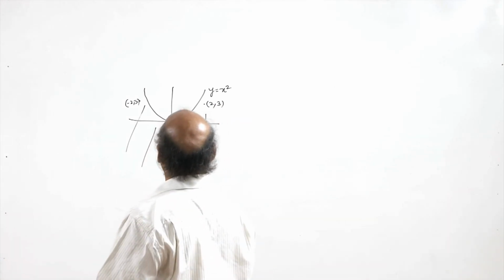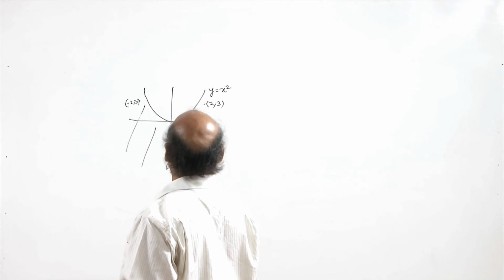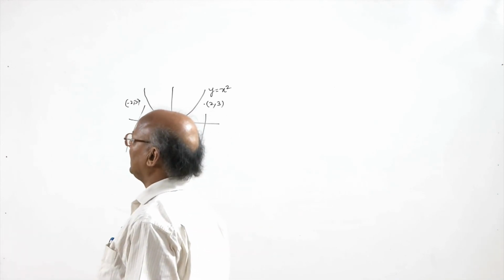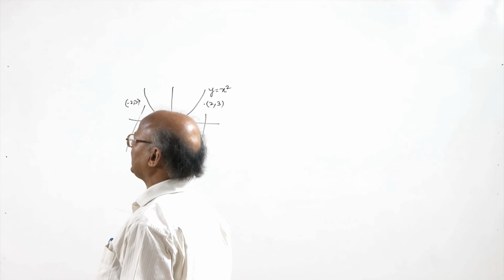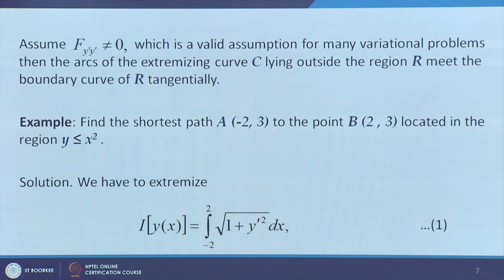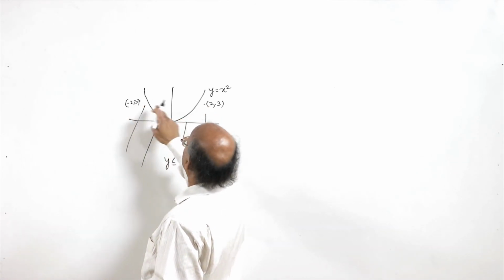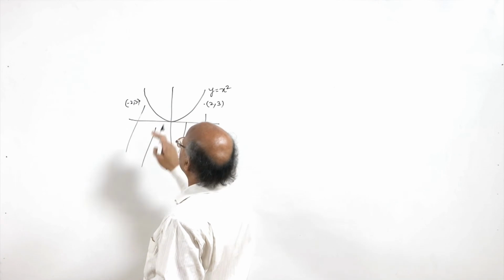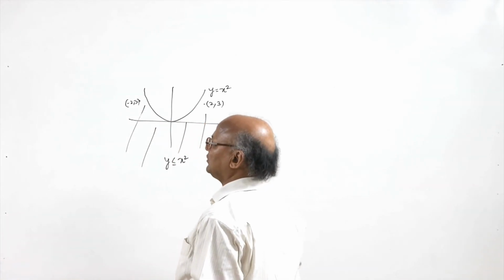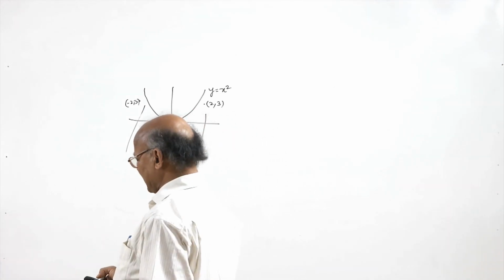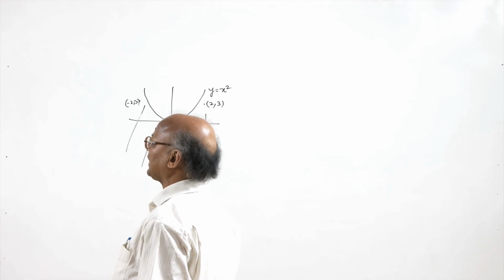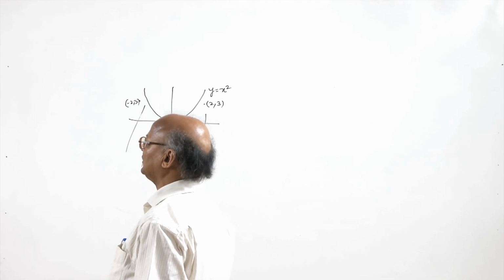The 2 points are symmetric with respect to the y-axis, and so we have to find the shortest path from the point minus 2, 3 to the point 2, 3, which is located in the region y less than or equal to x square. So, we have to find the path which is shortest from the point minus 2, 3 to 2, 3 and does not cross this curve y equal to x square. The path must lie in the region y less than or equal to x square.